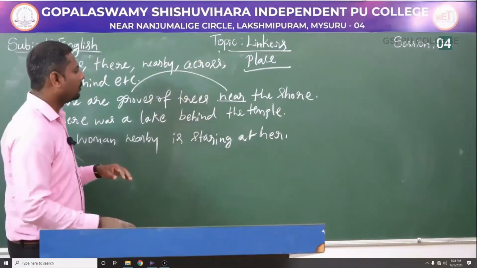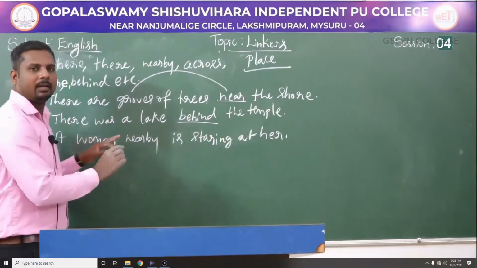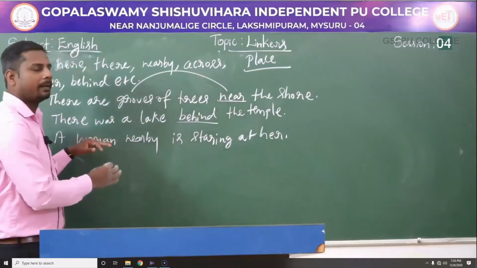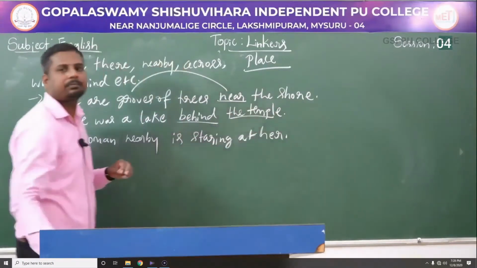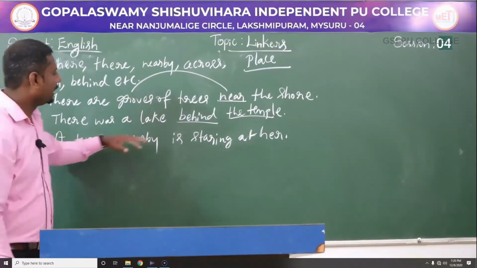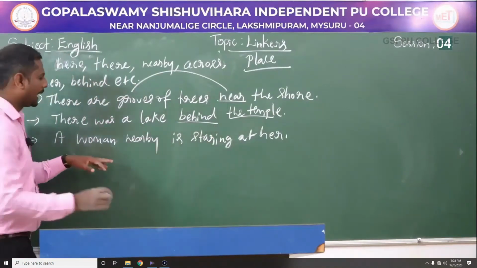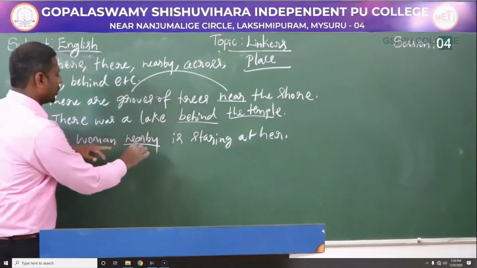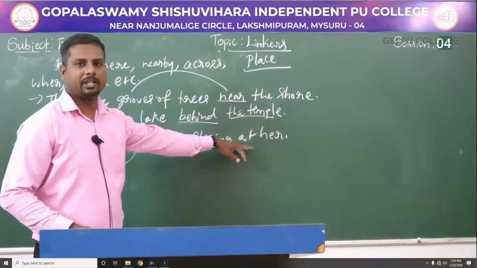So here the linking word behind shows the position of the lake. So where it was situated: behind the temple. Similarly, in the next sentence, a woman nearby is staring at her. So here the linking word nearby shows where the woman is standing and staring at her.